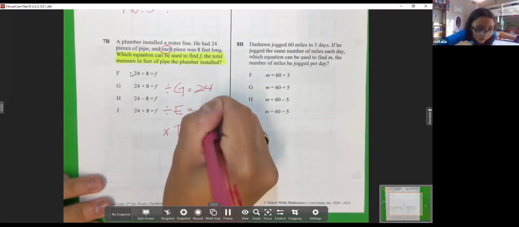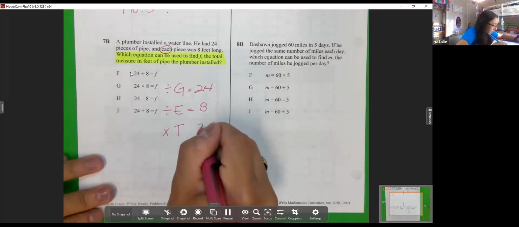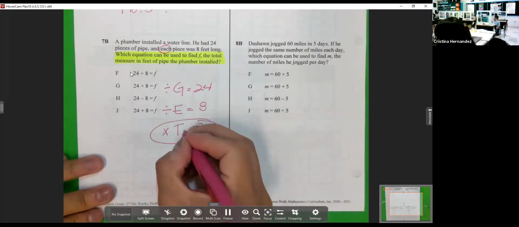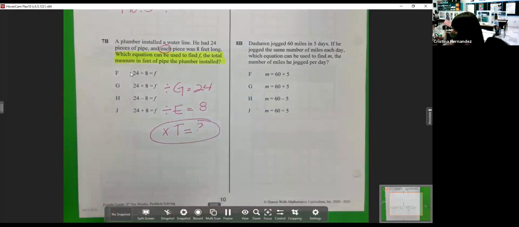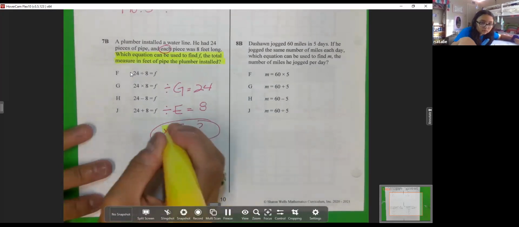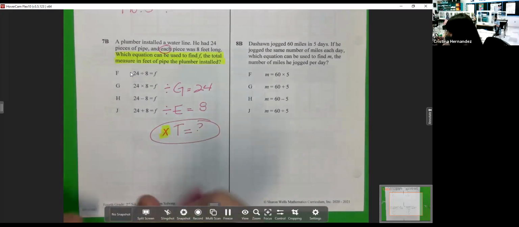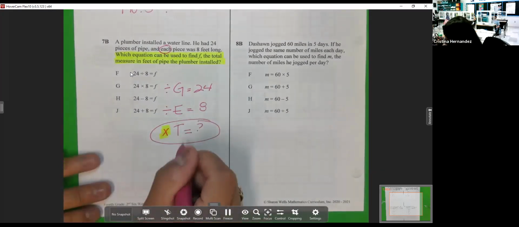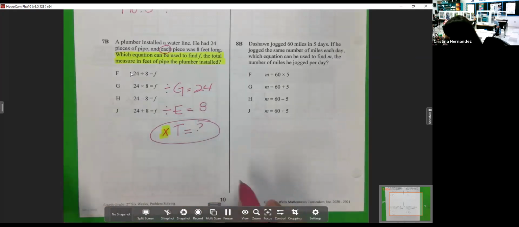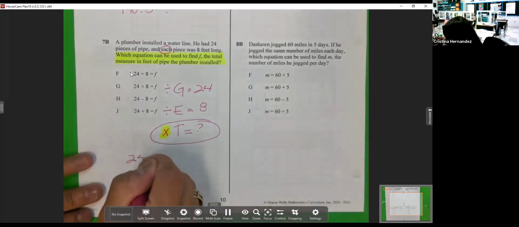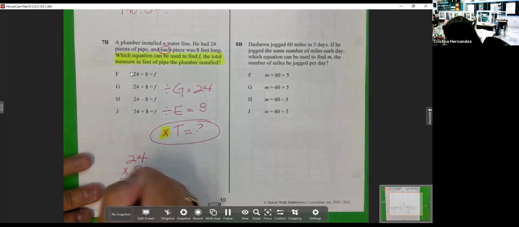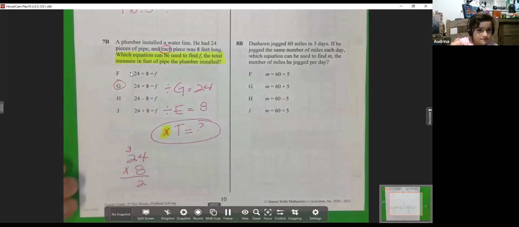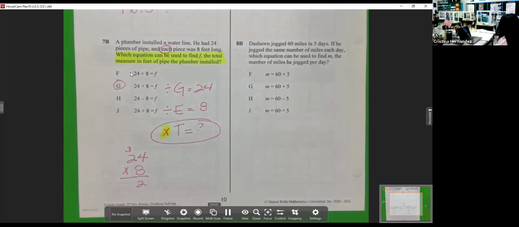8. We're looking for what here? We're going to be doing what? Y'all can solve that if you want to, because that's a pretty simple one. So what's our answer? G. Good job.